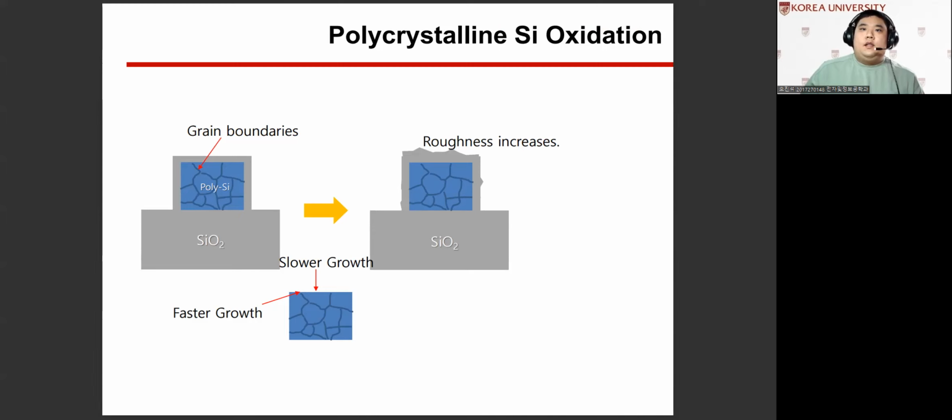When growing oxide on polysilicon, even though most modern silicon devices are made with metal gates rather than polysilicon gates, with devices such as memory devices or flash memories we still use polysilicon as the gate. At the grain boundaries, the oxidation is faster than on the planes.